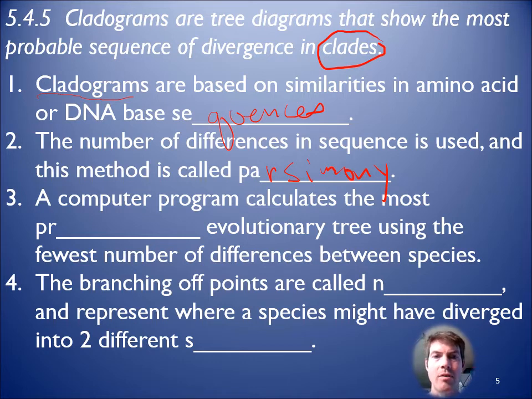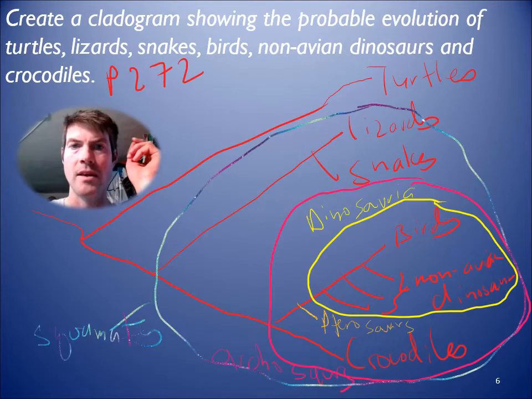And a program calculates the most probable evolutionary tree based on the parsimony, which is the fewest number of differences. Branching off points are called nodes, N-O-D-E-S. And these nodes represent where we have a branching off into two different species.